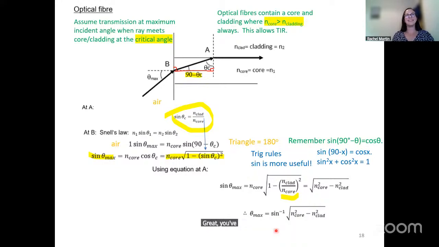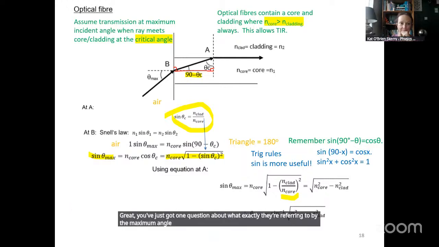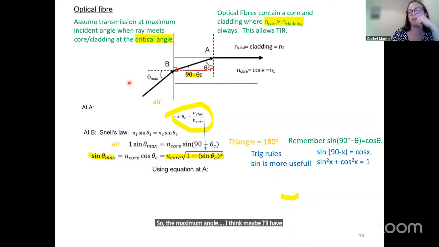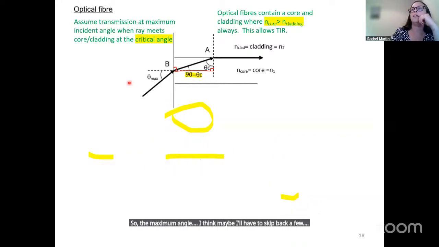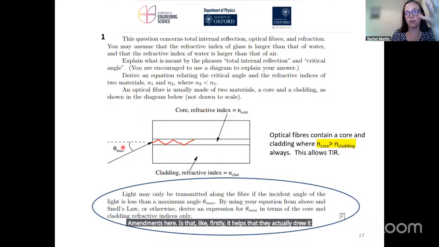Great. You've just got one question about what exactly they're referring to by the maximum angle theta max. I will answer that now. So the maximum angle, I think maybe I'll have to skip back a few moments here, it helps that they actually drew it in the diagram.